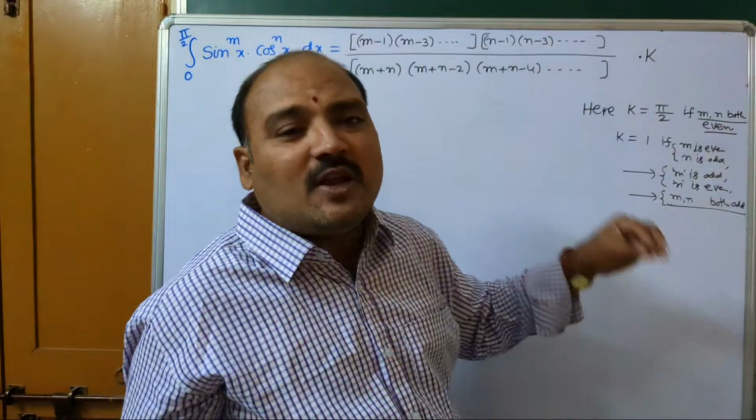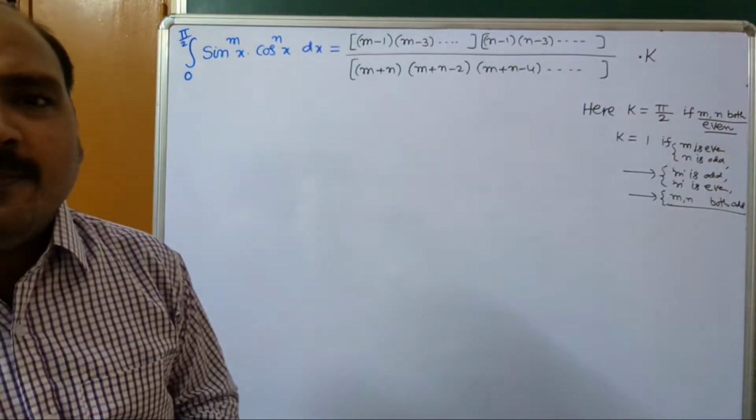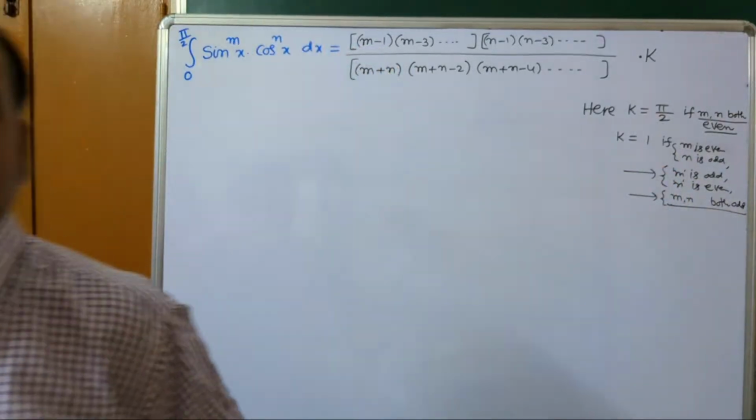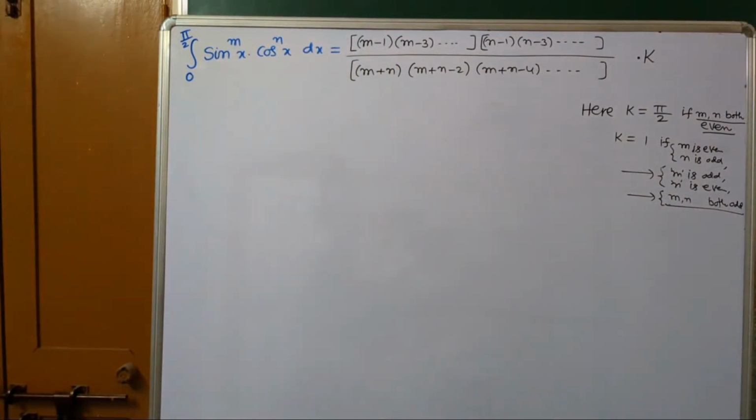This is the case that will arise, dear students. Okay, are you able to understand now? So this is the way you can get it. So I will take one example, a simple example, and we got it in the previous exams also.